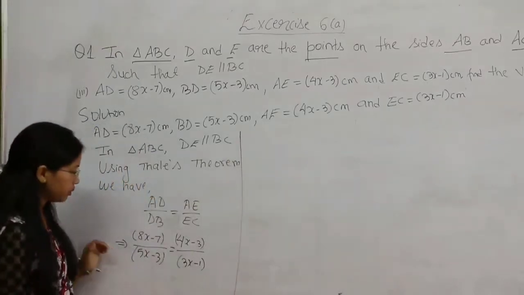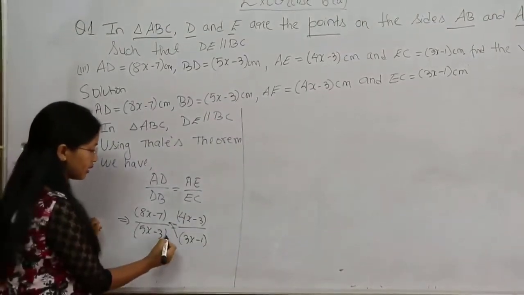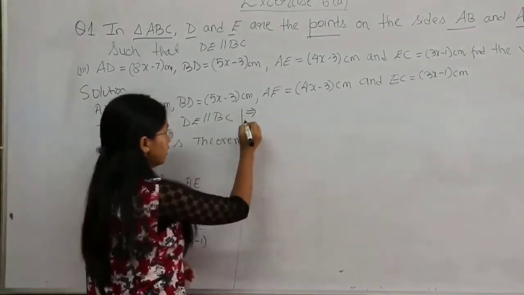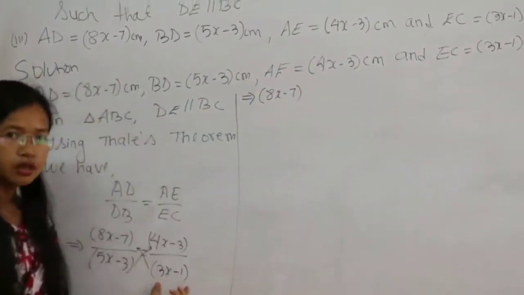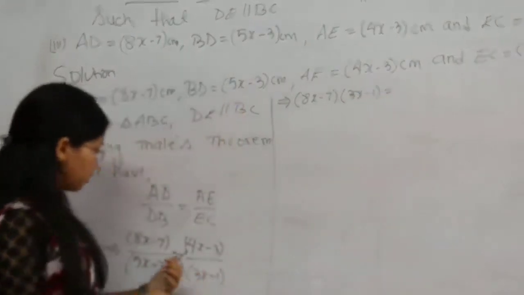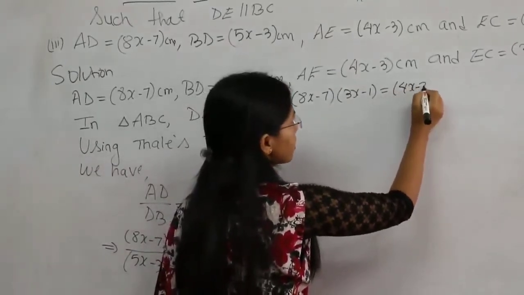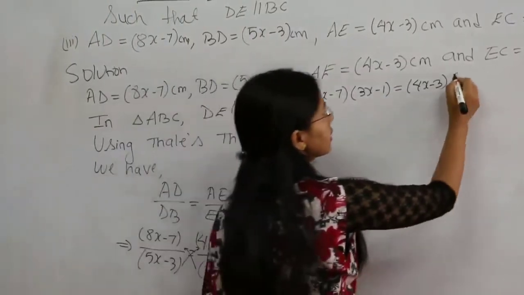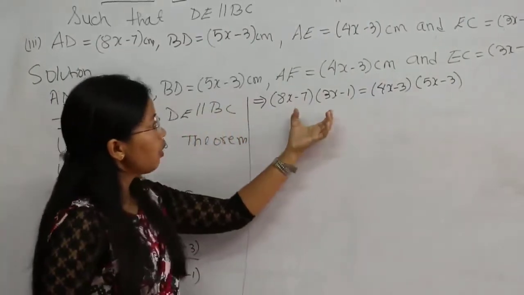Here, what will we do? We are going to cross multiply. Cross multiply 3x minus 1 this side and 5x minus 3 the other side. Let's see what we'll get. Here we'll get 8x minus 7 with 3x minus 1 equal to 4x minus 3 multiplied with 5x minus 3.